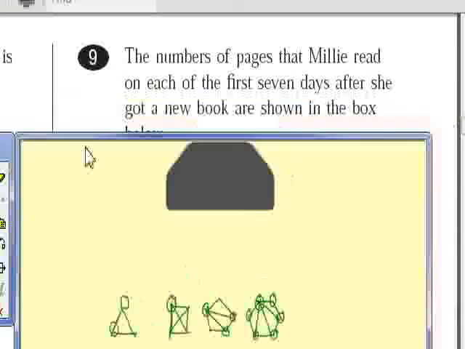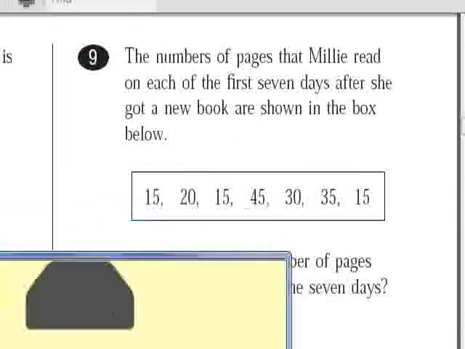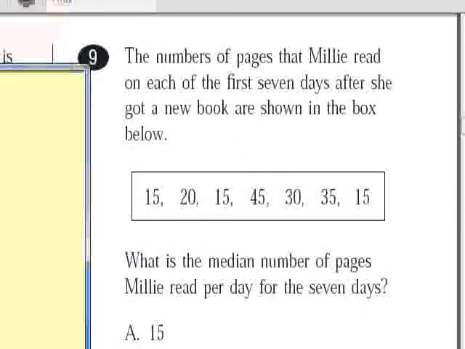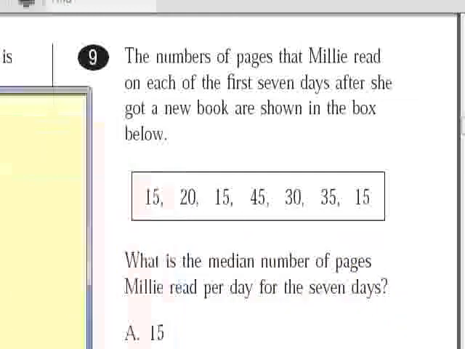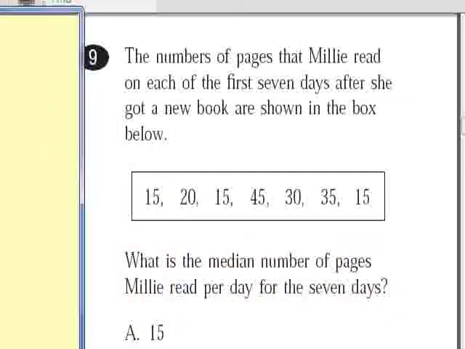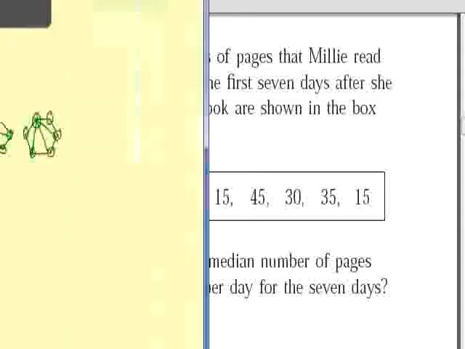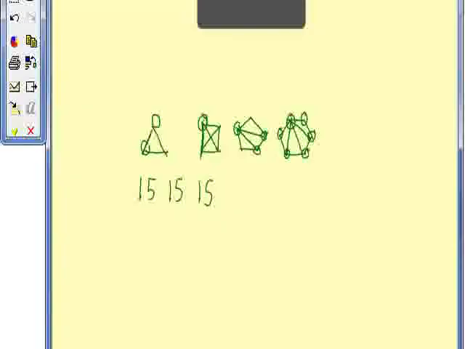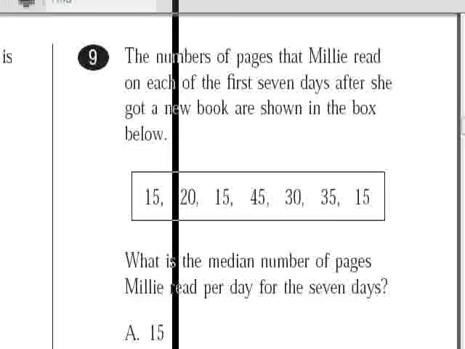Let me bring this over here and I'll try to write the numbers. I'm going to bring this over so you can see what I'm writing and bring the problems to my left.